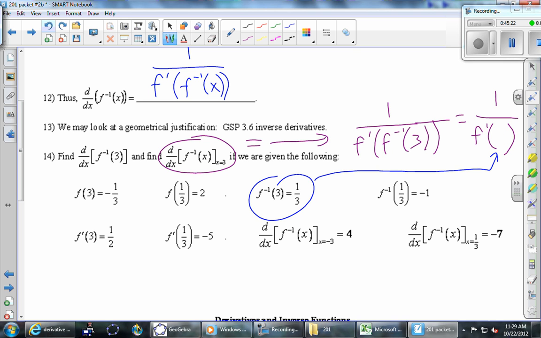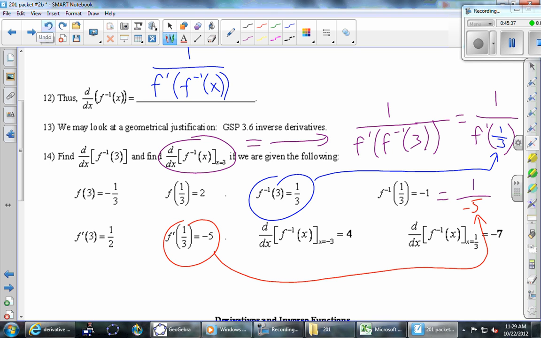What should it be? f prime of 1/3. Thank you. Equals 1 over. All right, f prime of a third. It's in there somewhere. Where is it? It's -5. This guy right here goes there. That's your answer. -1/5. Any questions on that one?